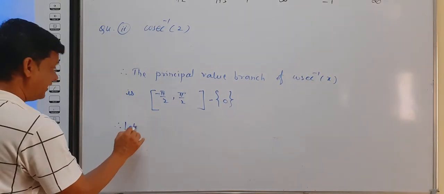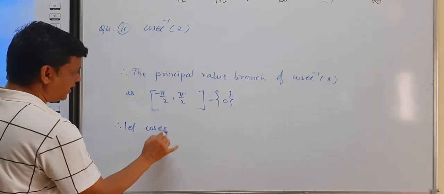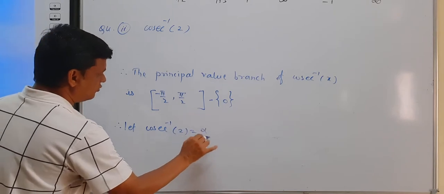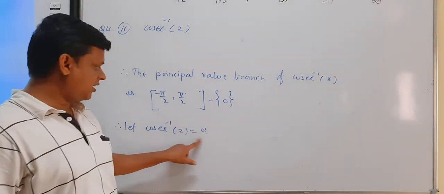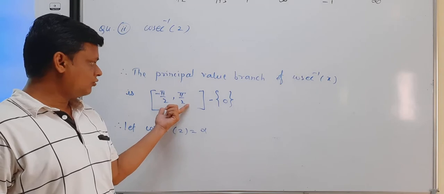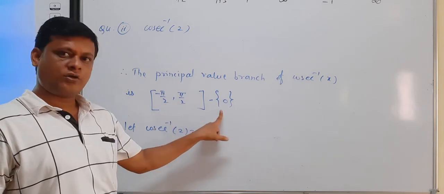Therefore let cosec inverse 2 be equal to alpha. That means this alpha must belong to this closed interval and alpha not equal to 0.